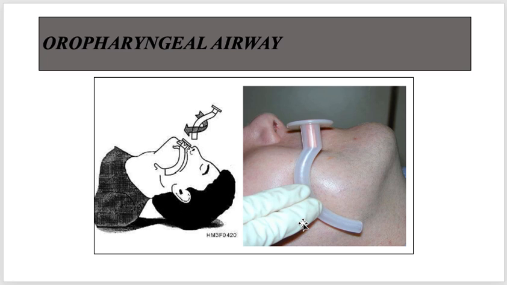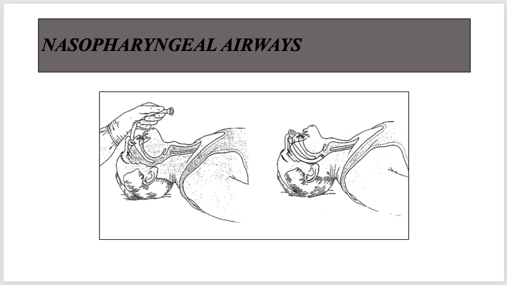Then, if needed, we can put in an oropharyngeal airway, or we may have one more thing called nasopharyngeal airway. Oro means from mouth to pharynx. Nasopharyngeal means from nose to pharynx. So nasopharyngeal airway.